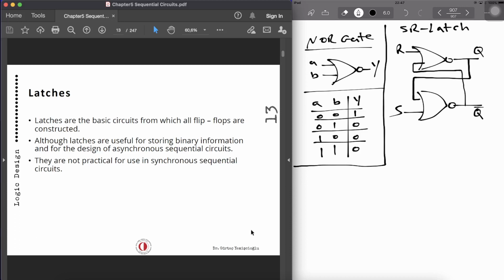Now, how does this SR latch work? As you can see, we have feedbacks, we have two inputs, and so on. Now we can derive a truth table for the SR latch in order to demonstrate its functionality: S, R, Q, and Q prime.